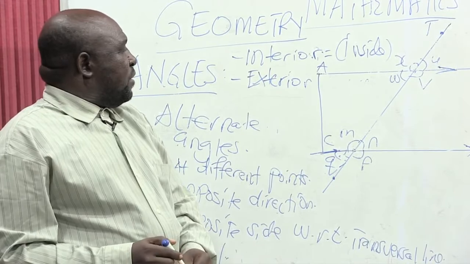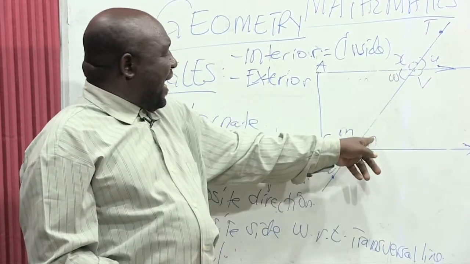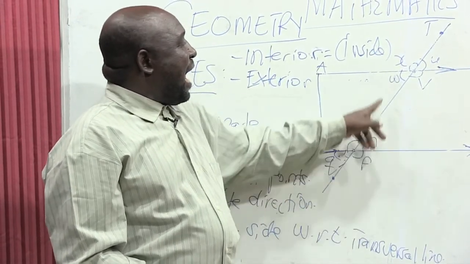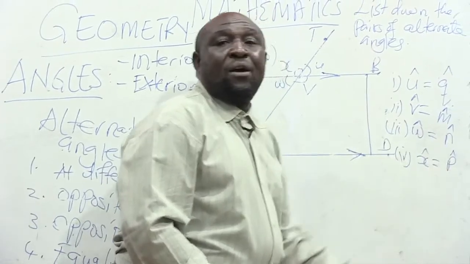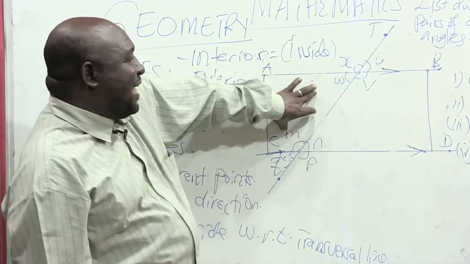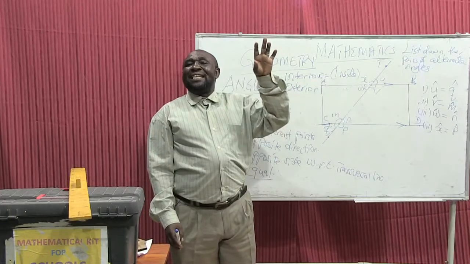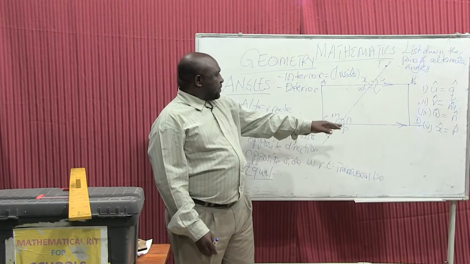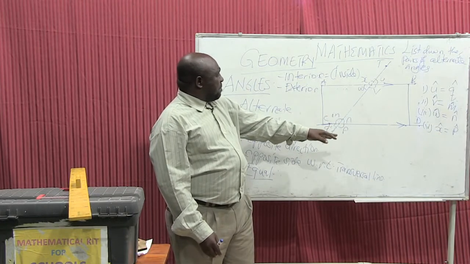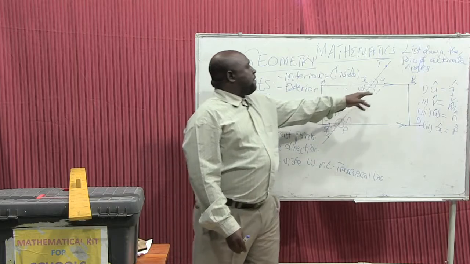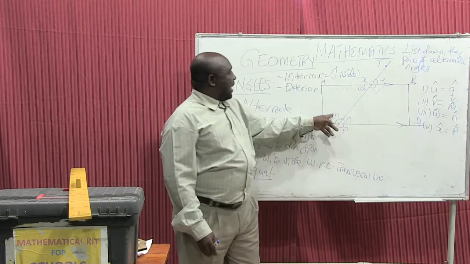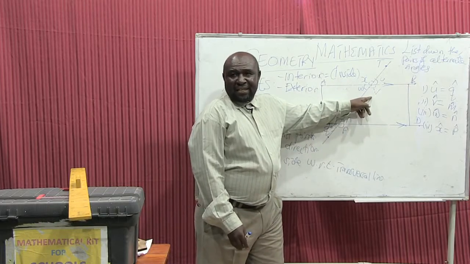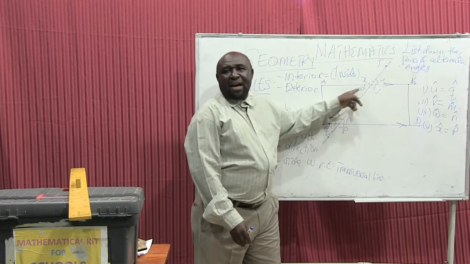Now, you can see W and N are alternate angles, but they are inside, so you call them alternate interior angles. At the same time, V and the M, they are inside the rectangle, but they are alternating.